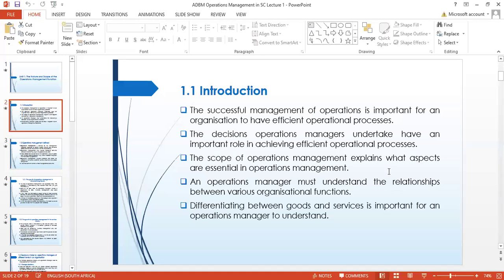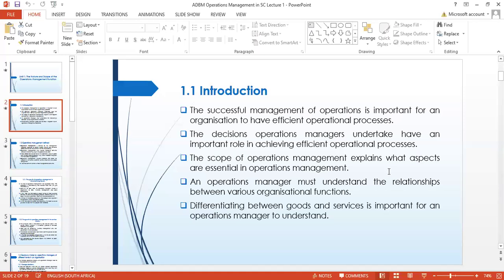So the successful management of operations is very important for an organization. If an organization wants to realize efficient and effective operational processes, it must ensure that its operations are being successfully managed. We have operations managers, those who oversee the operations function.